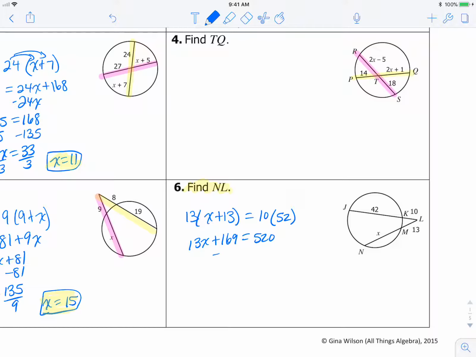So minus 169 minus 169. 13x equals 351. Divide by 13. Divide by 13. X equals 27.